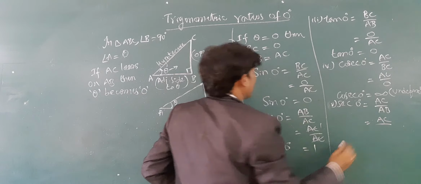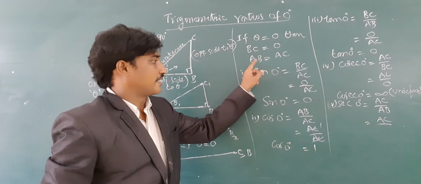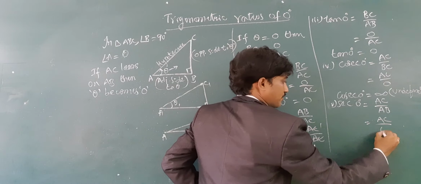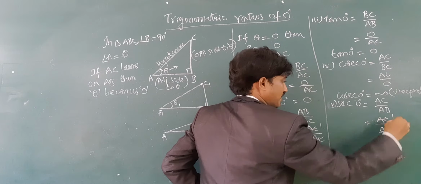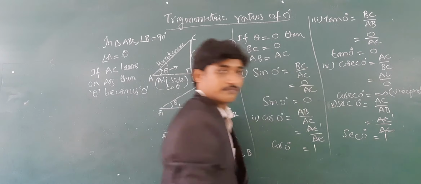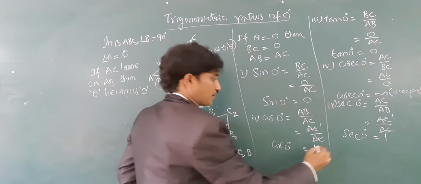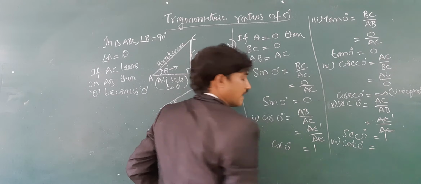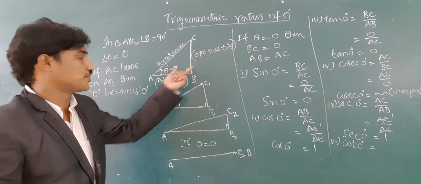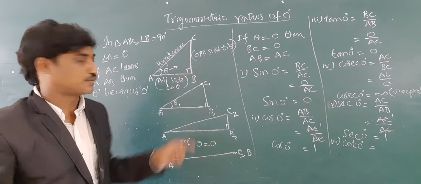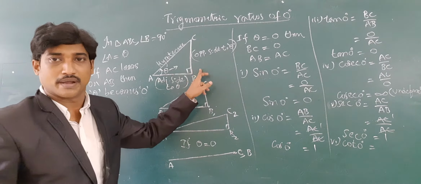In case of 0 degree, AB equals AC, so in place of AB let me write AC. AC by AC gets cancelled, so 1. Secant 0 degree is 1. Finally, cot 0 degree. Cot theta is equal to adjacent side to theta by opposite side to theta, so that AB by BC.